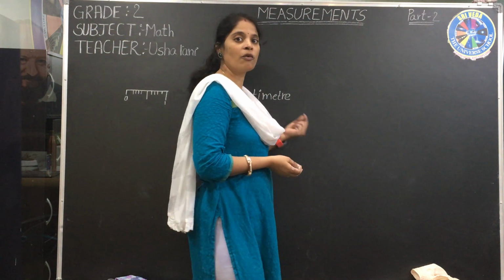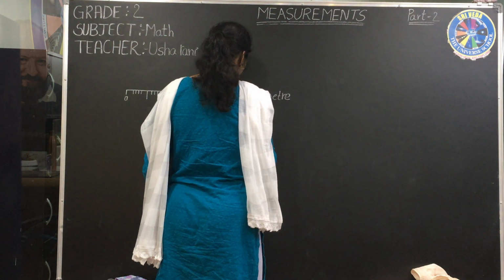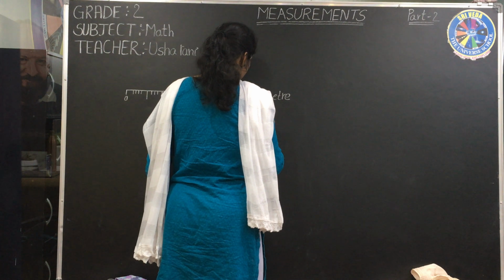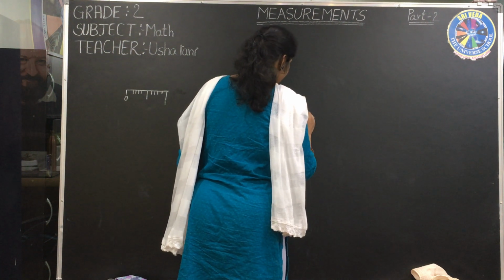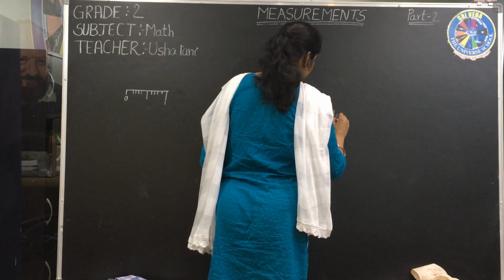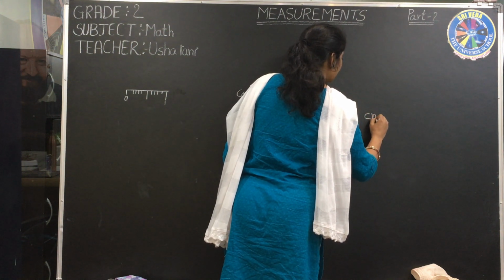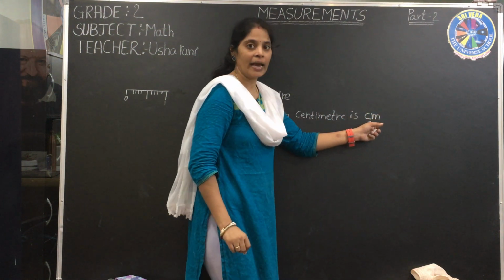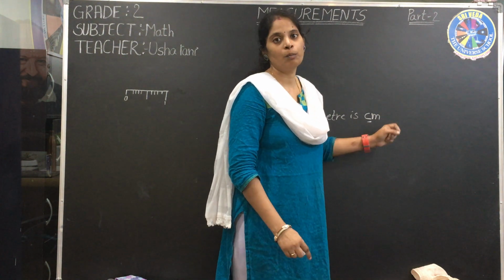What is the short form of centimeter? C means centi, M means meter.